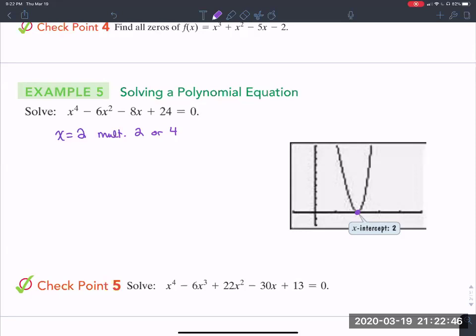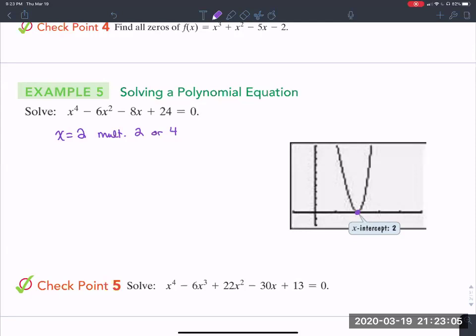If the graph crosses the x-axis at that value, that means it's an odd multiplicity. If it touches, that means it is an even multiplicity. So right here, we know it's an even multiplicity, so the solution x equals 2 is repeated either twice or 4 times.